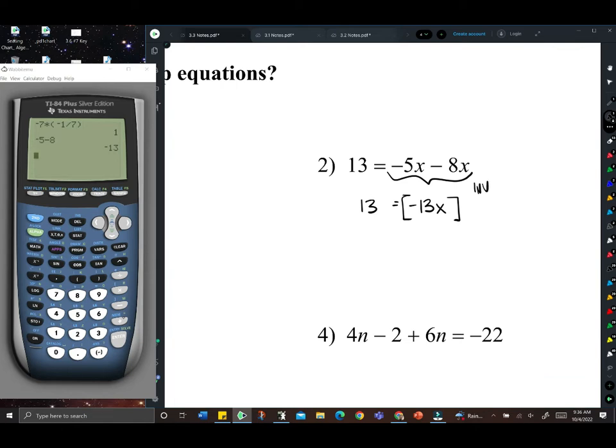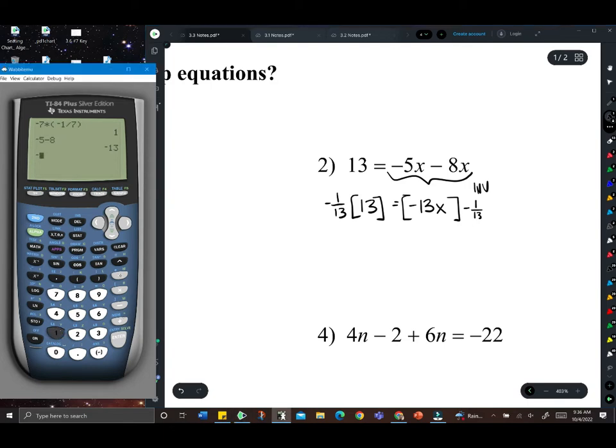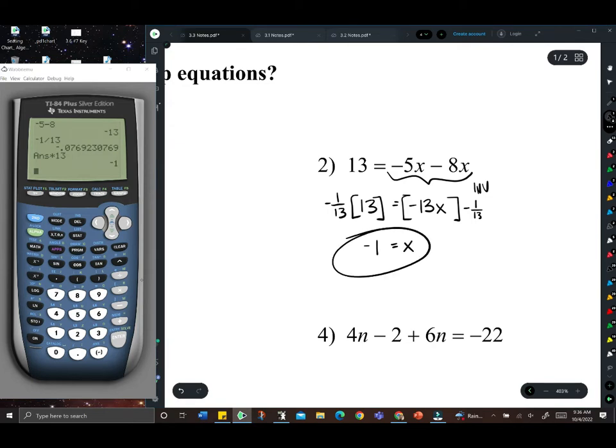The inverse of negative 13 is negative 1 over 13. Okay, we're going to do the same thing here. Negative 1 over 13 times 13 is negative 1. And that's going to be x.